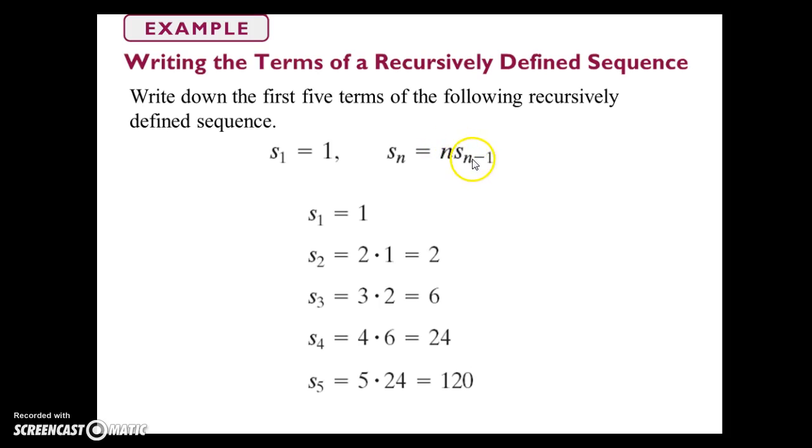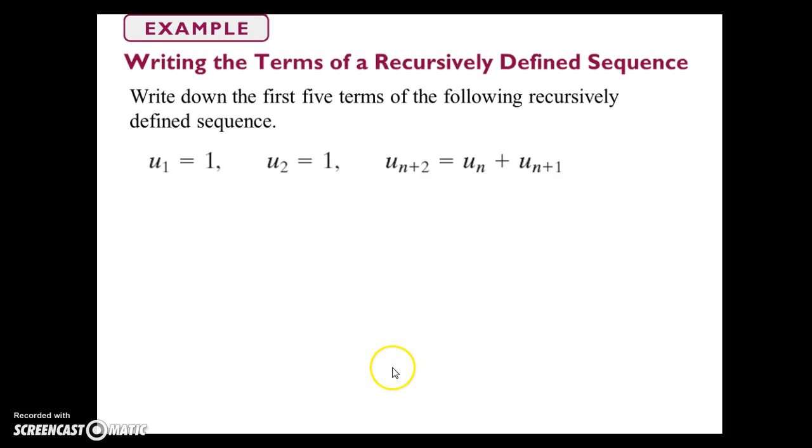Well, S of 4 minus 1 is the third term. Well, the third term was 6, so it's 4 times 6 is 24. Notice how this term here is used here, the 6 is used here, the 24 is used here. I plug in a 5, 5 times S of 5 minus 1, that's S sub 4. S sub 4 is 24, and so on, okay?